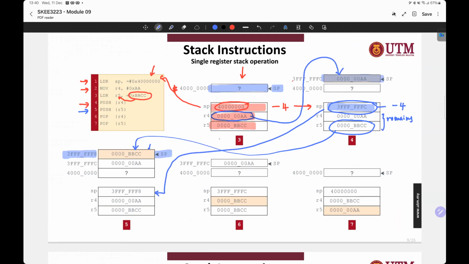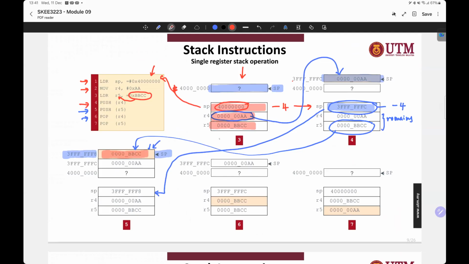Now we're going to look at line number 6. Line number 6 is POP R4. What happens when you pop R4? You're going to pop the data. Since this is last in, first out, the last data into your stack memory is this data, the data that I highlighted with this red color here.